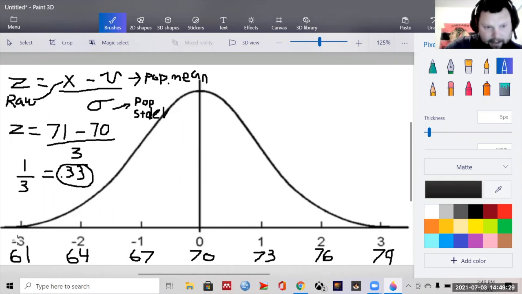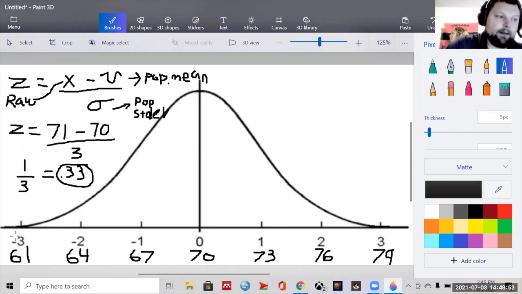Now, here in the not drawn on portion, the -3, -2, -1, 0, 1, 2, 3, these are your z-scores mapped onto a normal distribution. All a -3 means is a raw score that is 3 standard deviations below the mean. Underneath, I have written the corresponding raw scores.